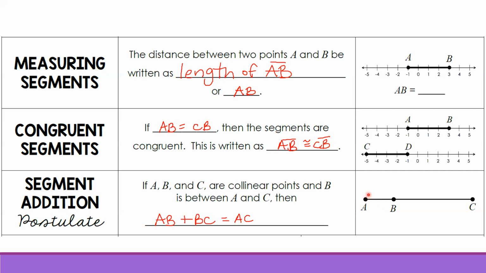Okay. So here's AB right here, the segment, and then here's segment BC. And when I put them together so that they're end to end, making one larger segment, that new segment is segment AC because we name segments by its endpoints. You can almost think of that point B as canceling out, almost.